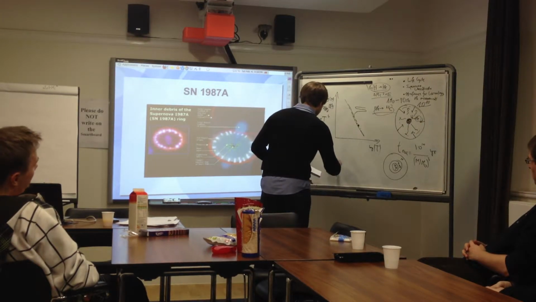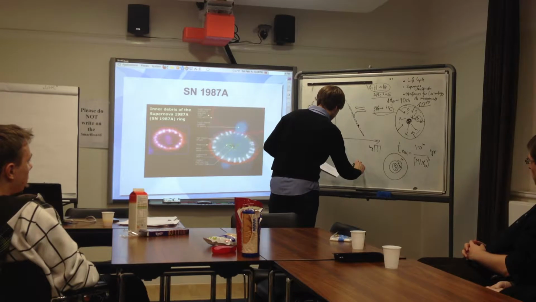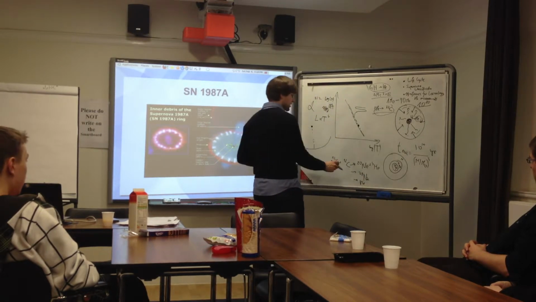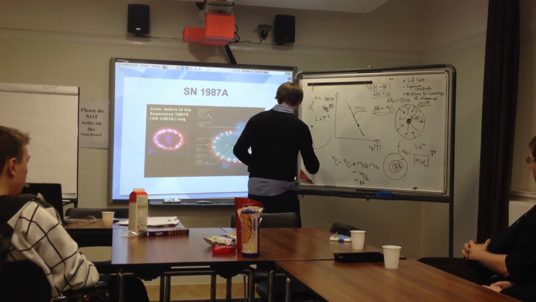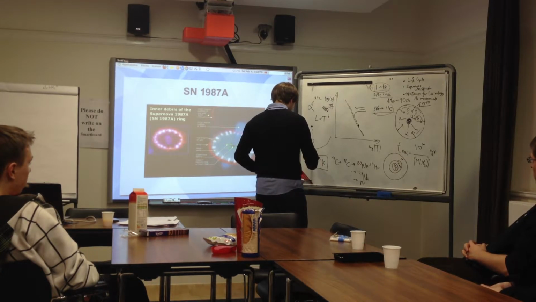So it's 12 carbon plus 12 carbon going into 20 neon plus 4 helium, goes also into 23 sodium, goes also into magnesium. But this requires energy in the core of about 10 to the 9 Kelvin, or a bit less than 10 to the 9 Kelvin.